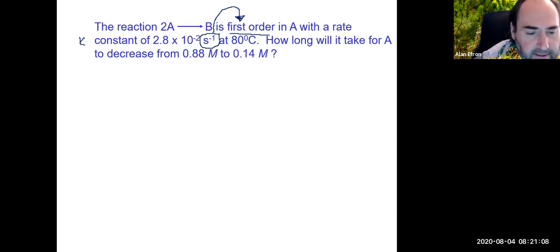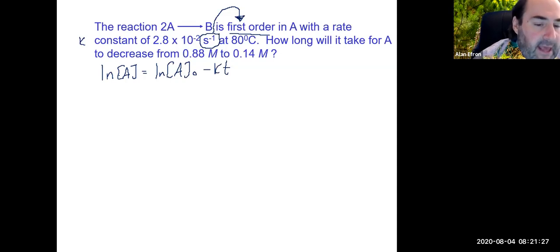And why that's important is, although at this point we've only talked about one set of formulas, you want to make sure you use the first order equation for that, which is the natural log of A equals the natural log of A naught minus kt.